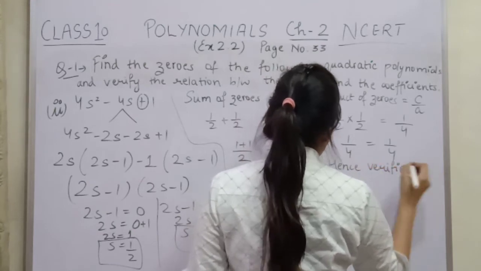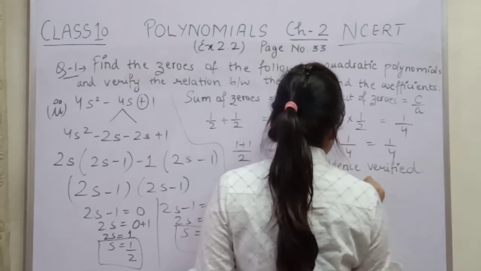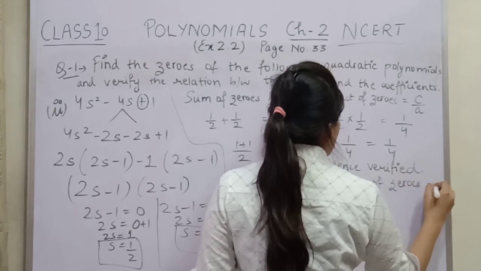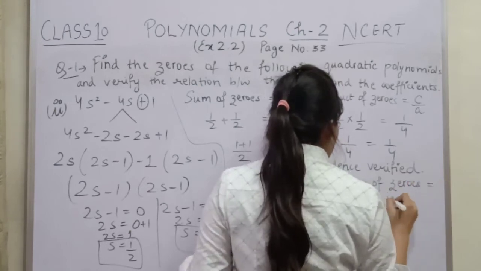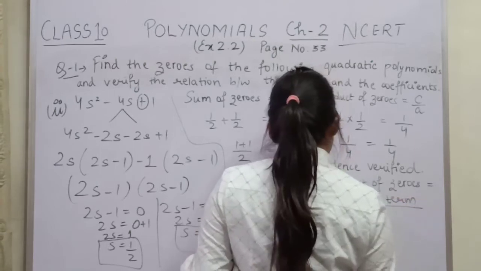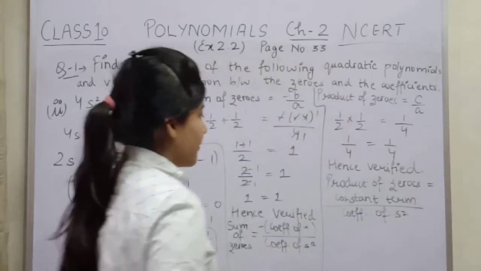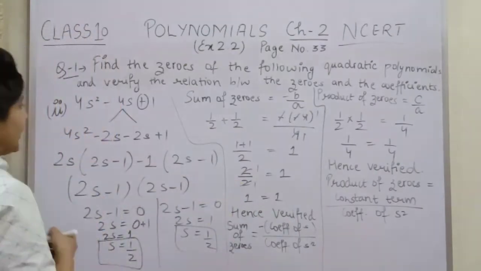So now what we can say is that product of zeros equals to constant term upon coefficient of s square, right? So constant term is c and coefficient of s square means a.